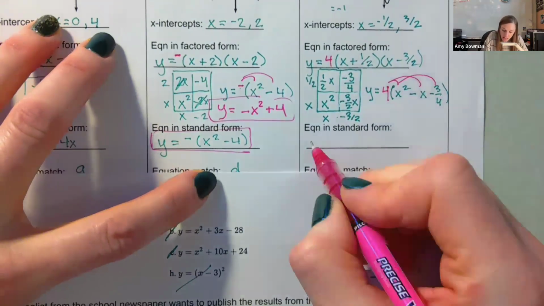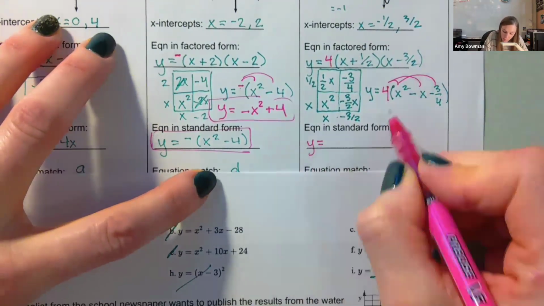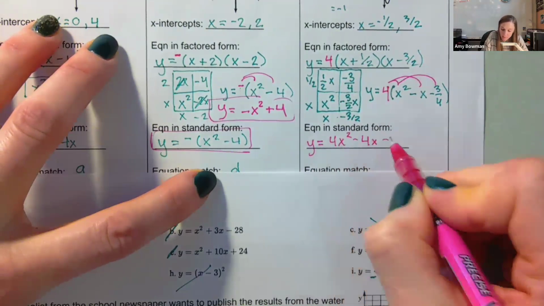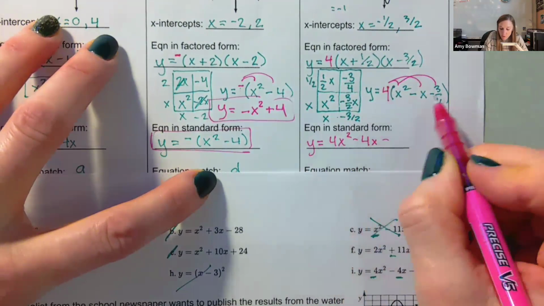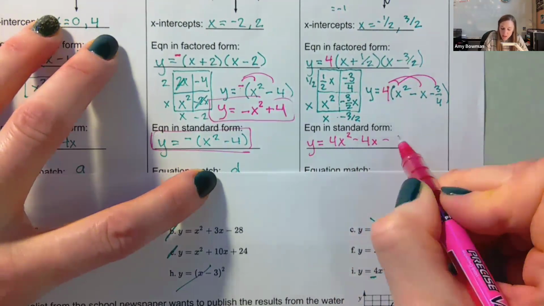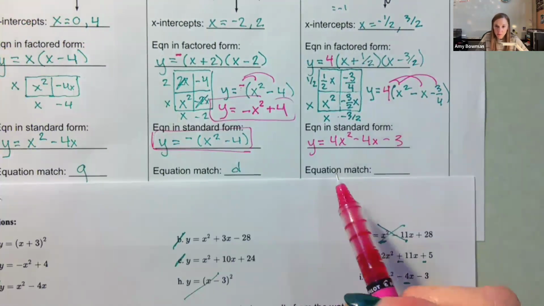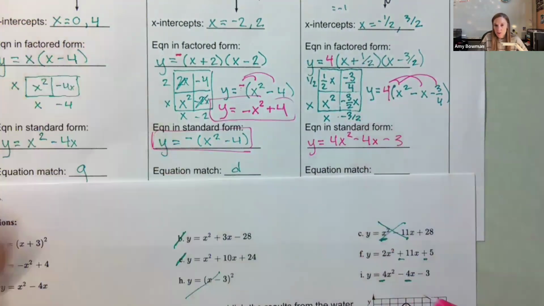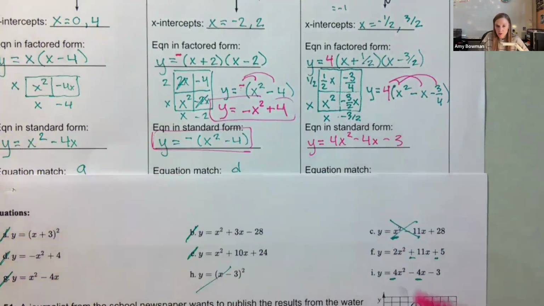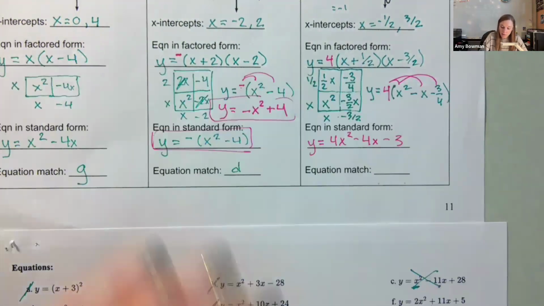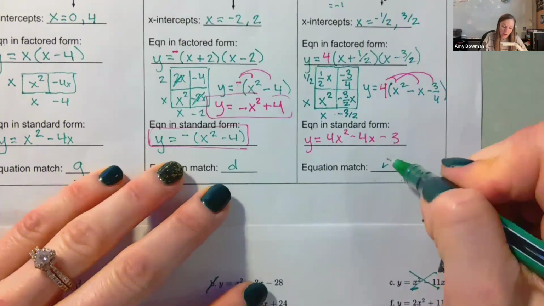That's why in the end we end up with 4x squared minus 4x, and 4 times -3/4 is just -3. I wouldn't expect you to generate this all by yourself, but we can use the process of elimination and logic our way through the fact that this last option was the only one that could match that graph.